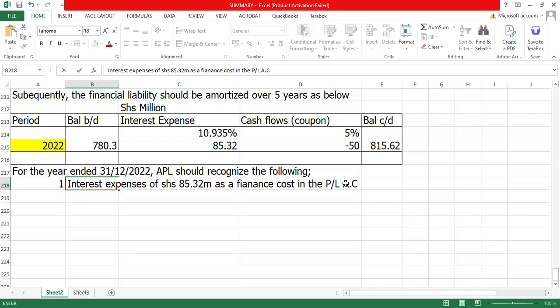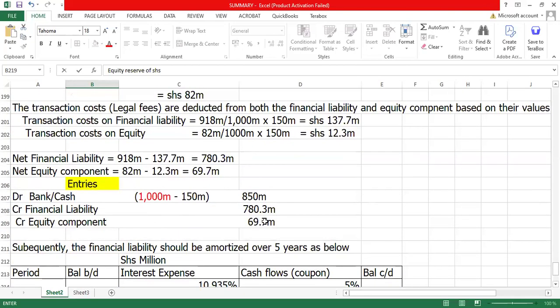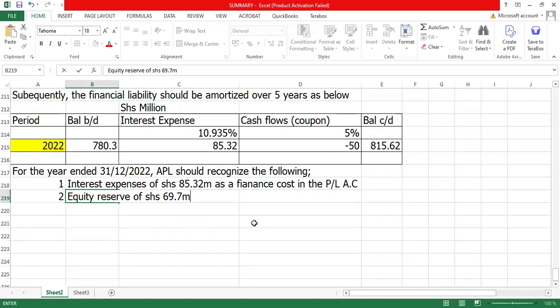So you do this. Then number two, you recognize equity reserve of shillings 69.7 million, because this one is not going to change even on subsequent measurement.